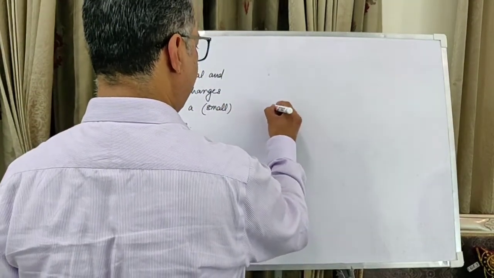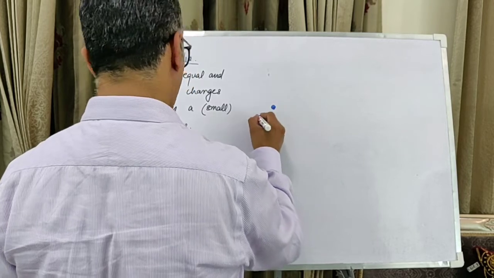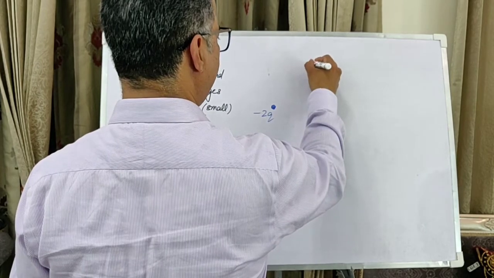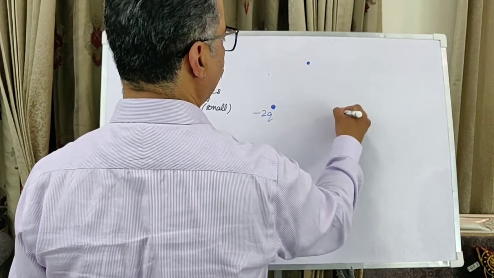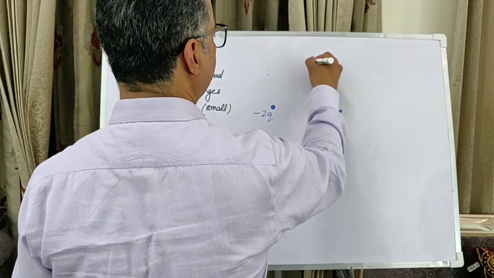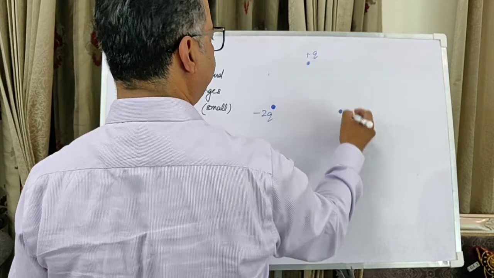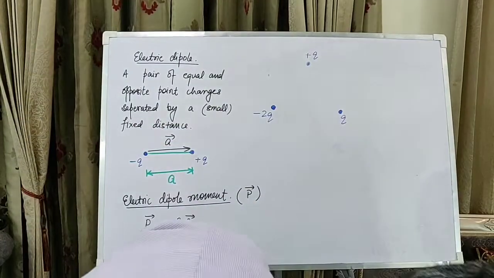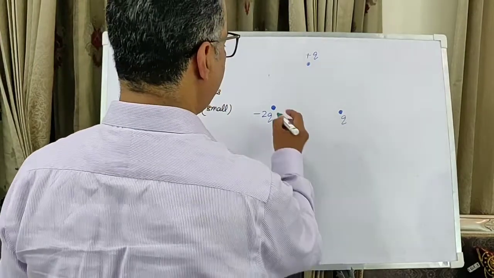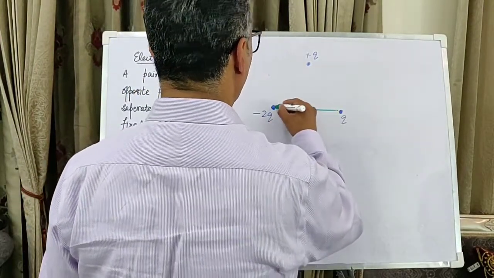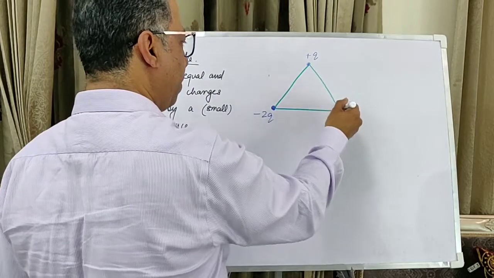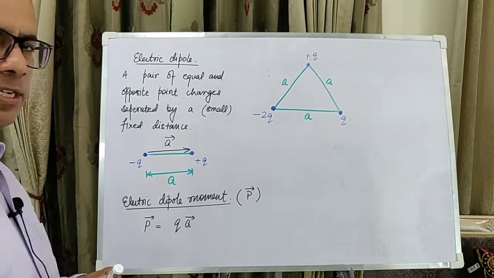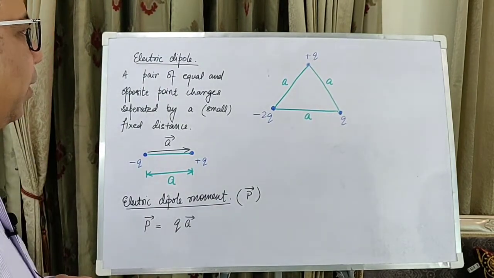We have, say, a charge minus 2q here, and we have 2 other charges plus q each, and all 3 of them lie on the vertices of an equilateral triangle of side a.